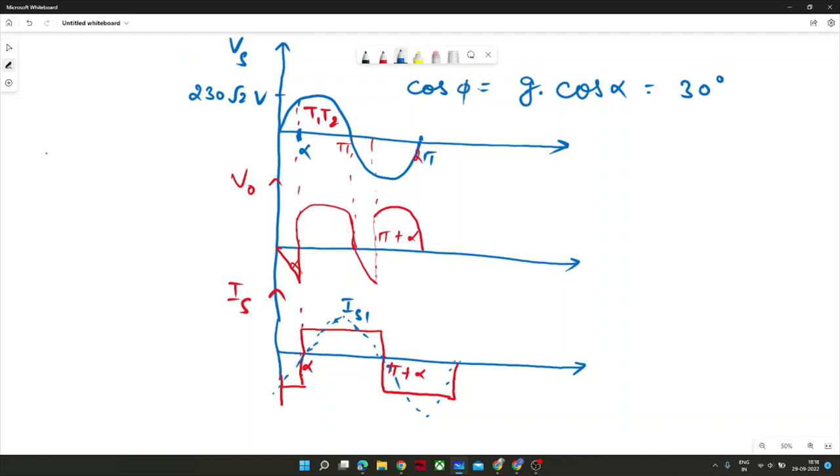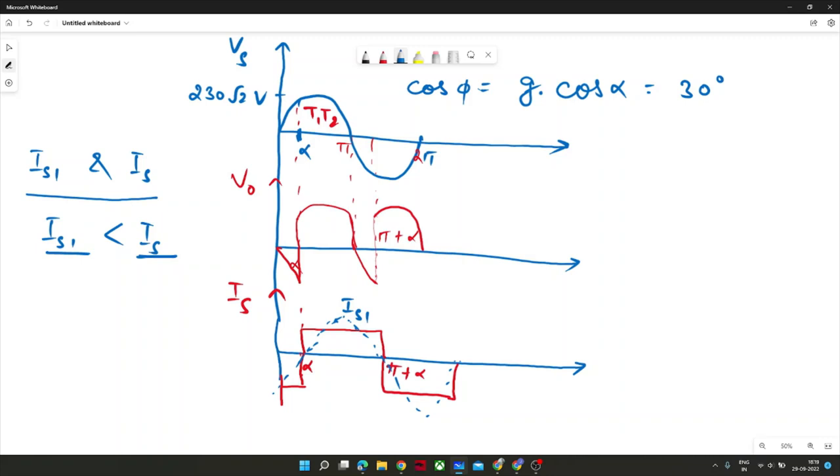See, Is1 and Is, there should be a relationship between these two currents because both are components of a single entity, that is the source current. And Is1 would always be less than Is because it is a part of Is.